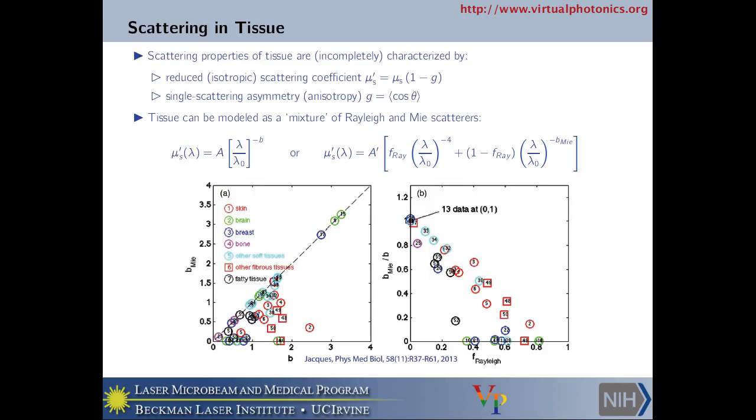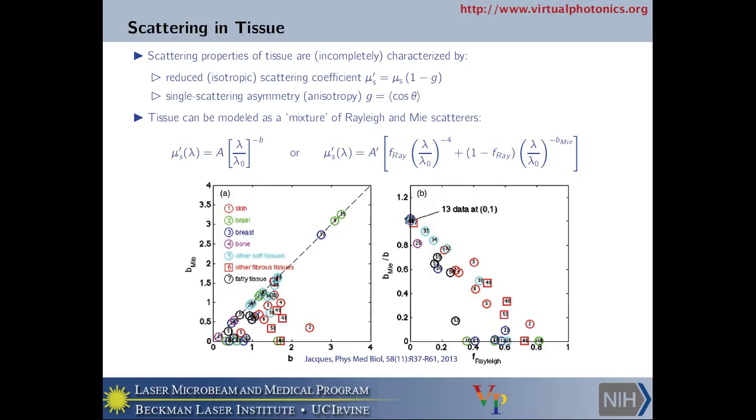While you're on the slide, do you know how he measured that fraction of Rayleigh scatterers? Looking at the units, we can measure scattering as a function of wavelength, but you need more information to separate the size of the scatterers. He didn't actually measure the fraction of Rayleigh scatterers.